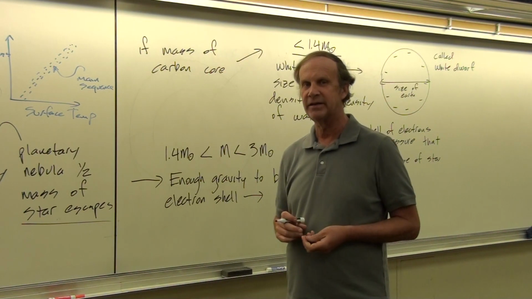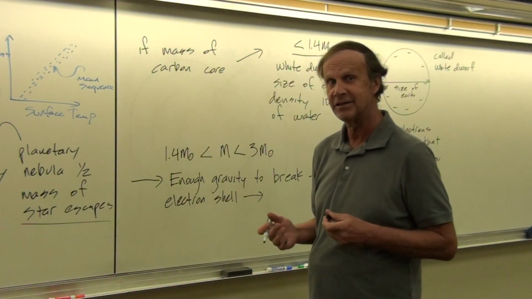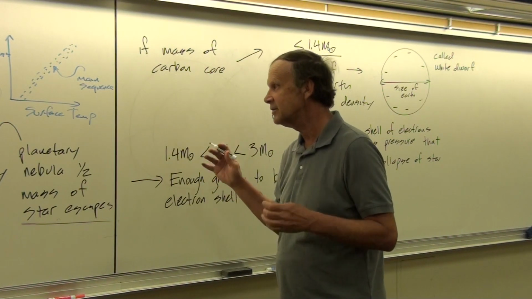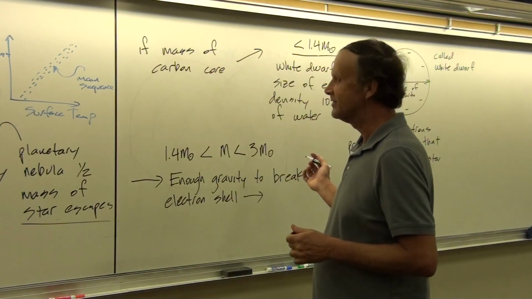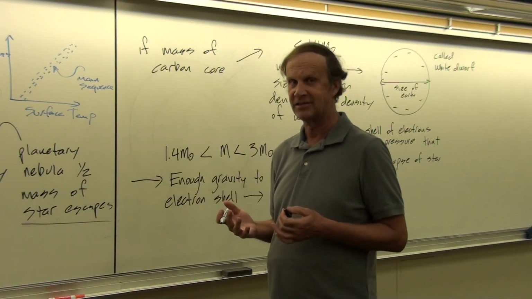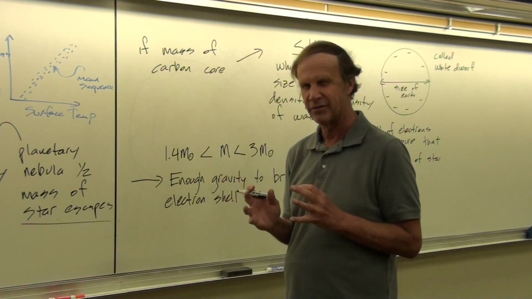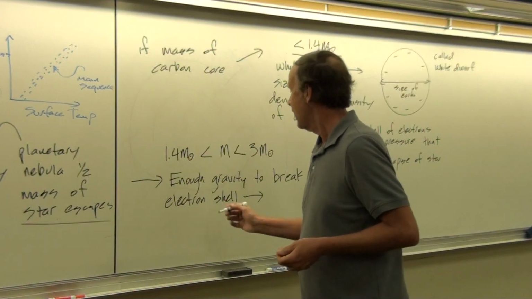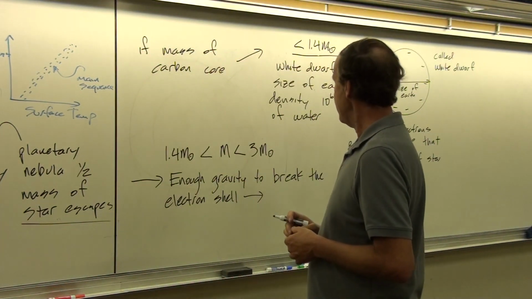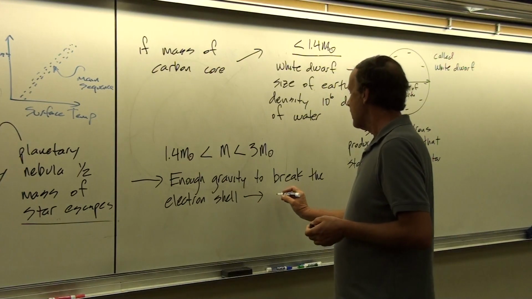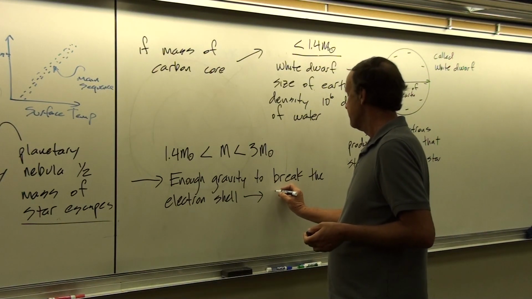That's what these white dwarfs are, that's what our sun is going to turn into, one huge diamond. Okay, with this crystalline carbon structure that is something like 1,000,000 times the density of water. It'd be a perfect crystalline structure, like a perfect diamond. Okay. But as gravity breaks the electron shell, then it's possible for the carbon core to collapse further.